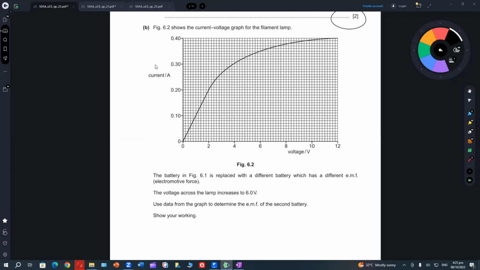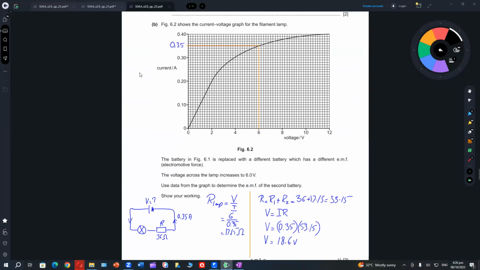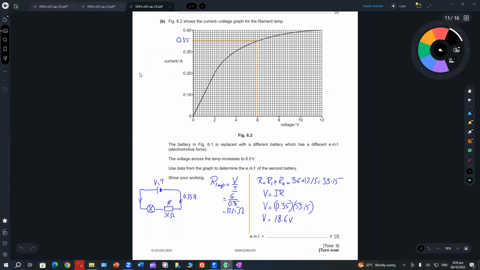To make a plan for this part of the question, from the graph you can read 6 volt. From 6 volt, you should read the current, and using the current, you should find the total current in the circuit, total voltage in the circuit, and the total voltage will be the answer. From 6 volt, read the new current, use a circuit.